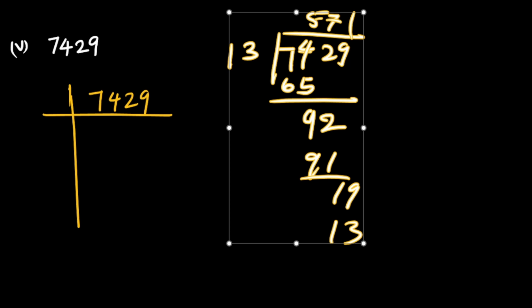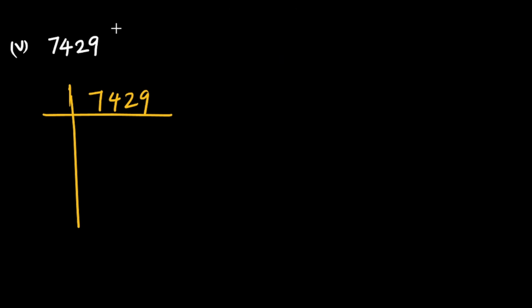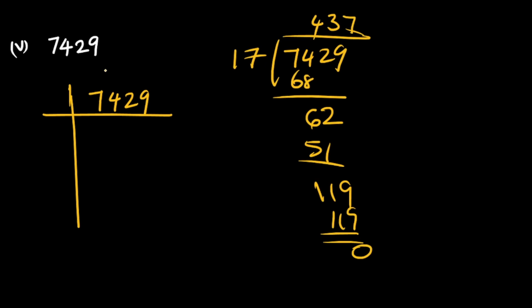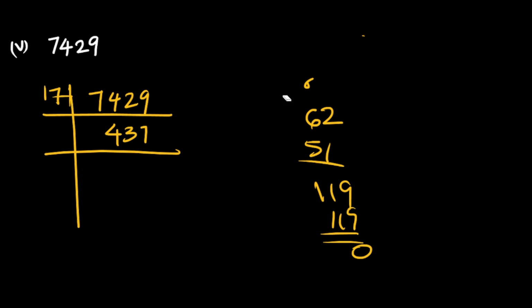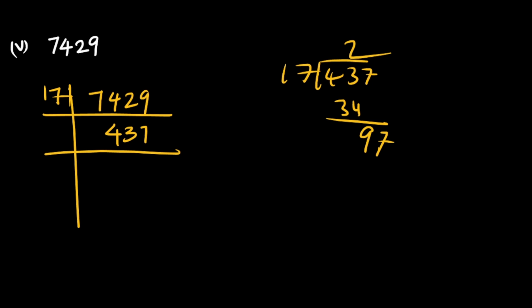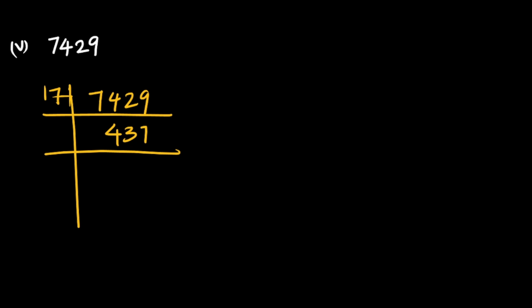15 you don't have to check because 15 is not a prime number. Next is 17. We have to check whether it will go in 17's table or not. So it will go in 17's table, right? We'll have 437. Now you have to check whether this 437 goes in 17's table or not. No, this will not go in 17's table. We will not get the remainder 0.